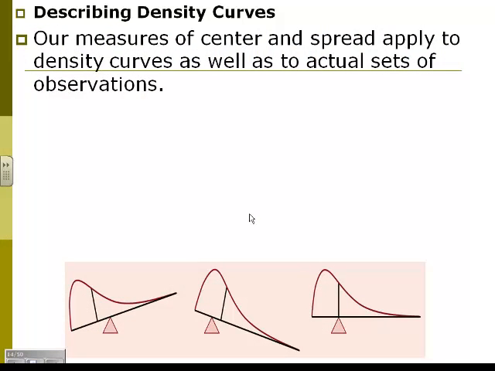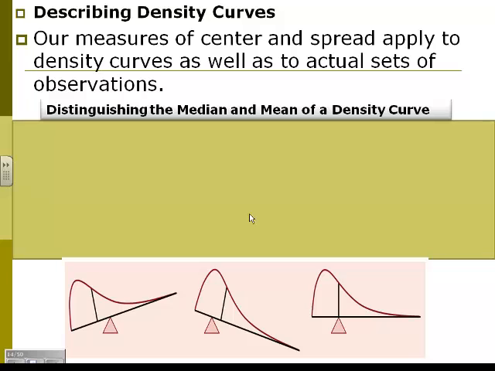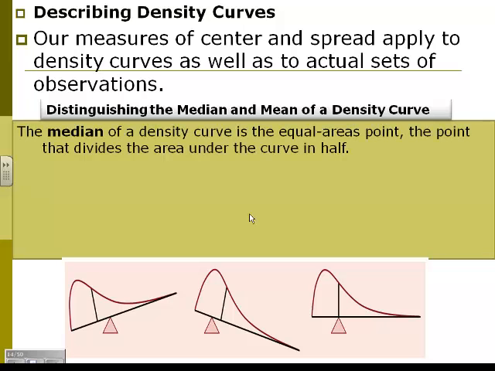So when you're describing a density curve, the measures of center and spread apply to density curves as well as to actual observations. By measures of center and spread, we're talking about the mean and the median, and for spread, standard deviation, IQR, and the range. So, distinguishing the median and the mean of a density curve. First, the median of a density curve is the equal areas point.